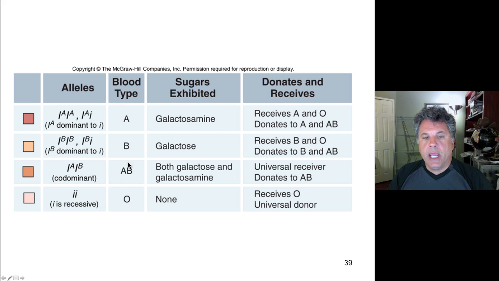Now, if you are an AB heterozygote, you are a universal receiver. You can receive blood from any type of blood donor because you will not recognize any of the ABO blood type proteins as foreign because you have them all.